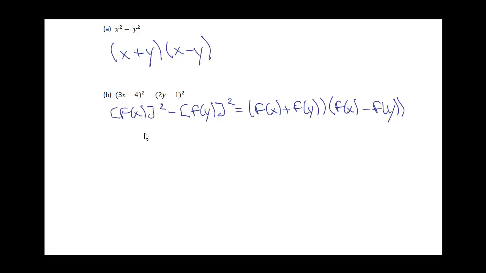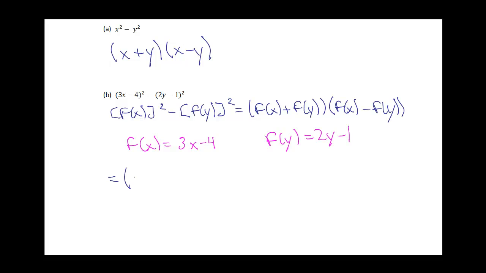So in this case, our f of x is equal to 3x minus 4, and our f of y is equal to 2y minus 1. So let's sub those in and see what we find.